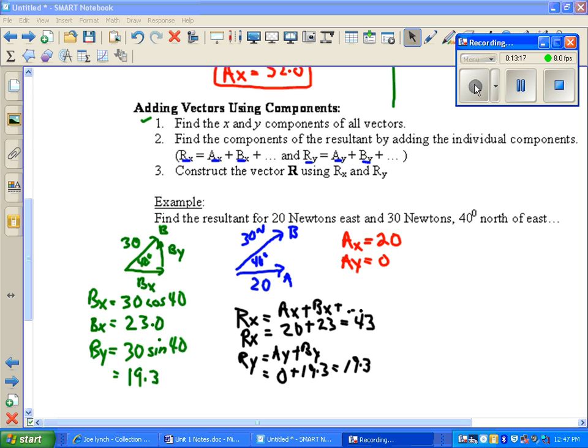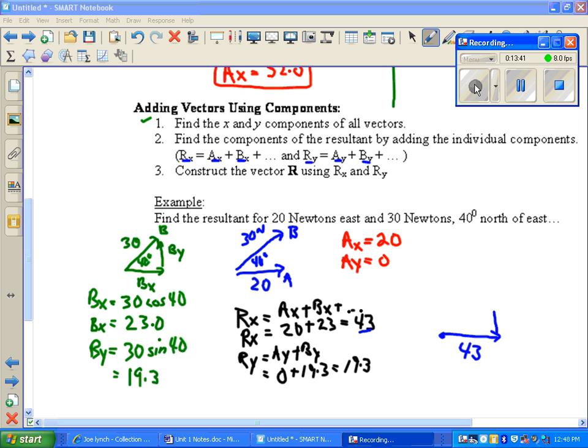The third step is to construct the resultant using that Rx and Ry. My Rx is telling me to go 43. It's positive, so 43 in the x direction. So I make a new triangle, and it's going to be 43 in the x direction. And from there, I'm going to go 19.3 in the positive y direction, because it's positive.